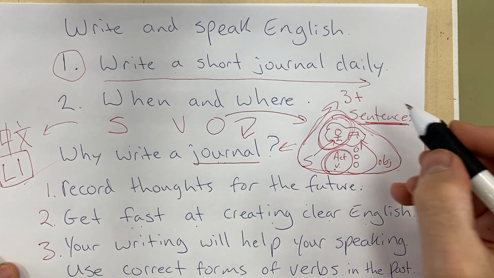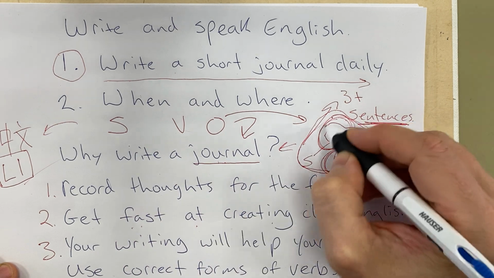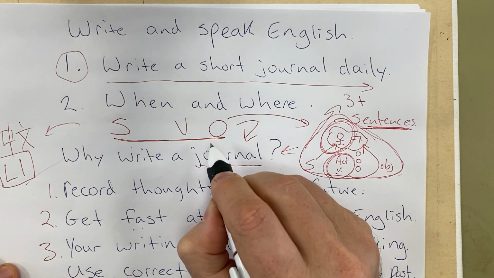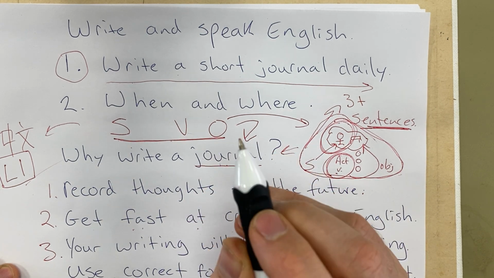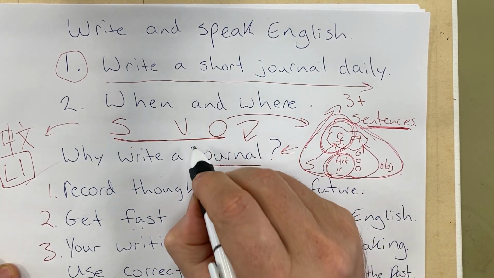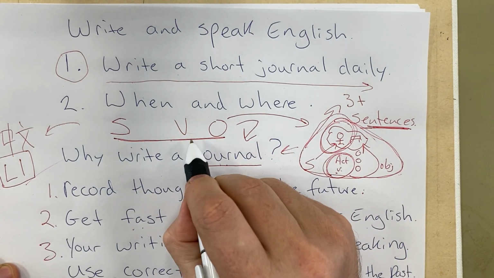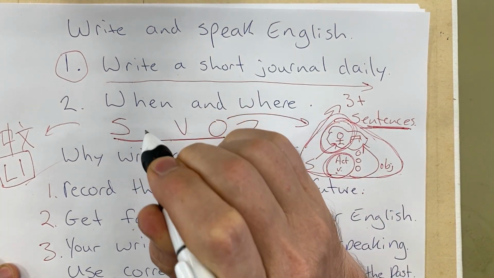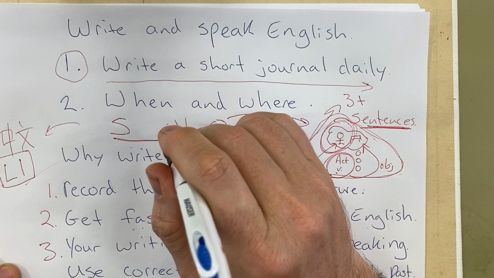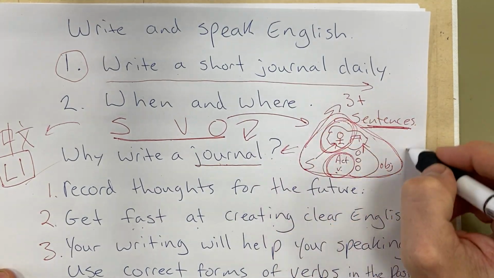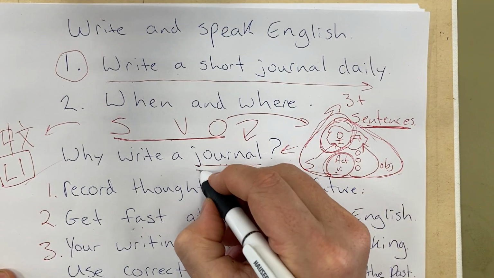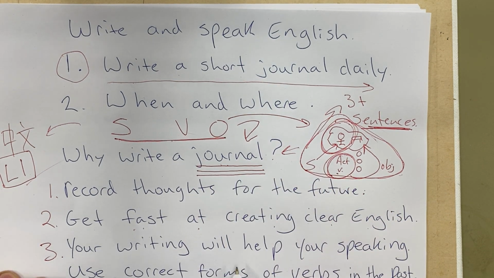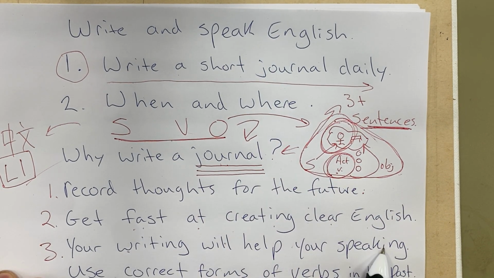And then when you speak, this process of making this SVO will be faster, and you will speak faster, more clearly, more accurately, and people will understand you. And you will have more time to think about your pronunciation. Okay, so this is a really important step. This practice every night or every morning. Do a journal. So your writing will help your speaking.